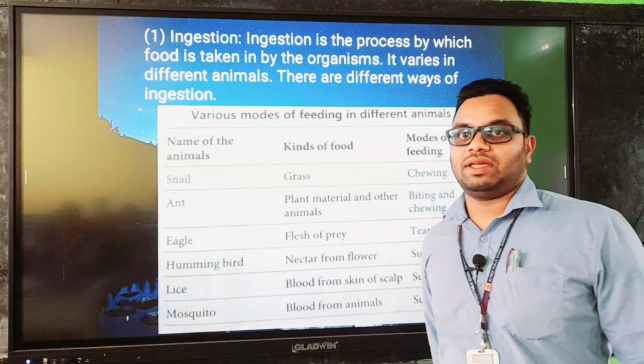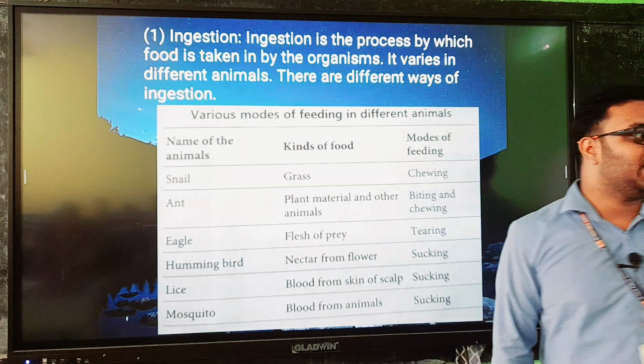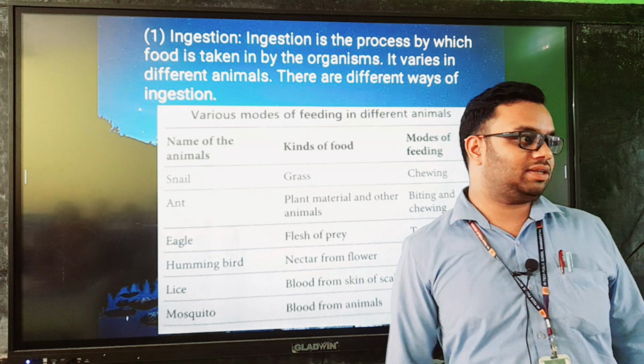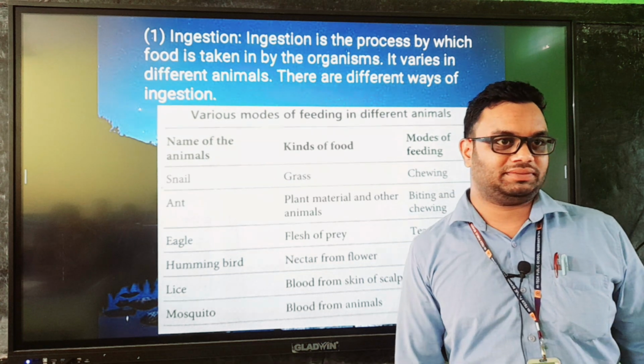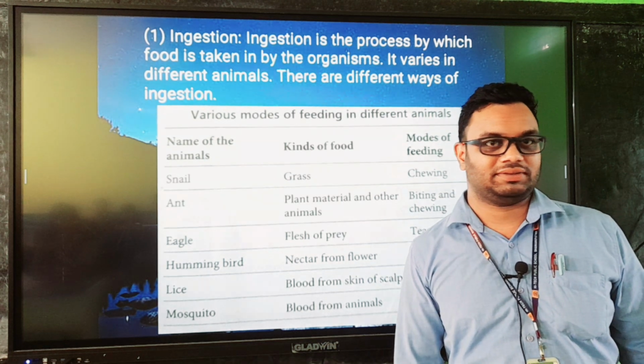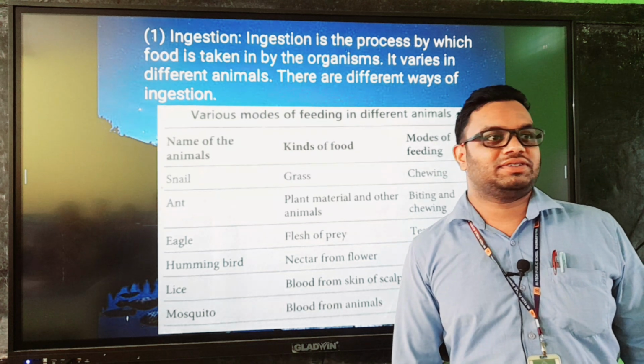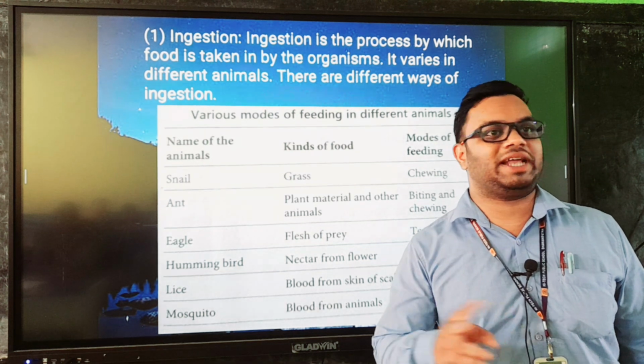The eagle, you have seen eagle? Eagle is carnivorous or omnivorous? Carnivorous. Or is it a scavenger? So scavengers, carnivores, the difference you know or not?